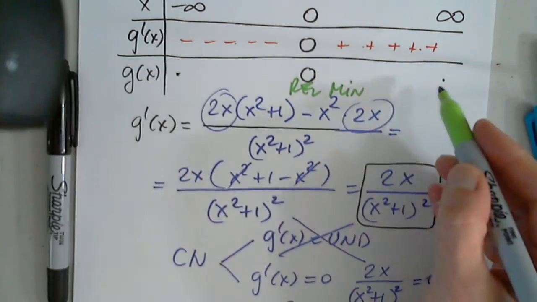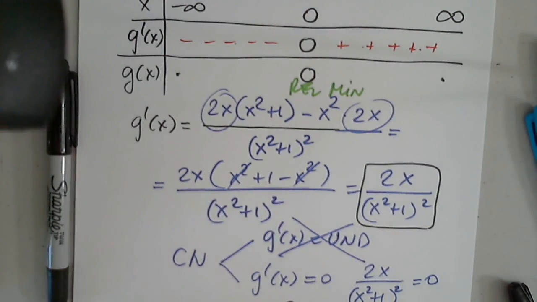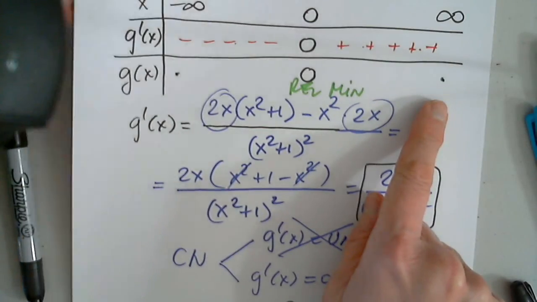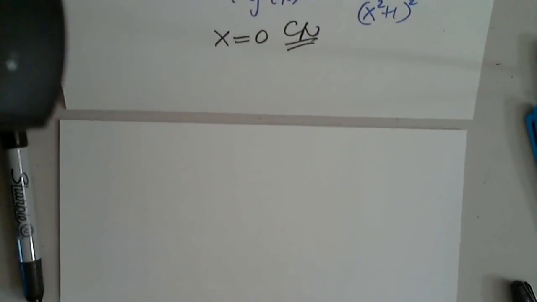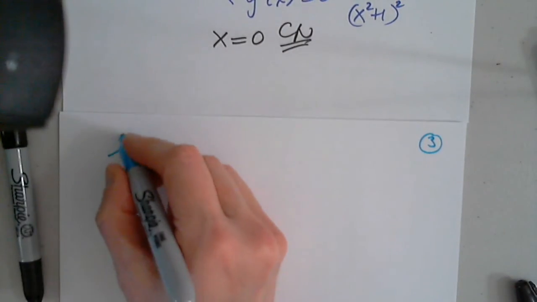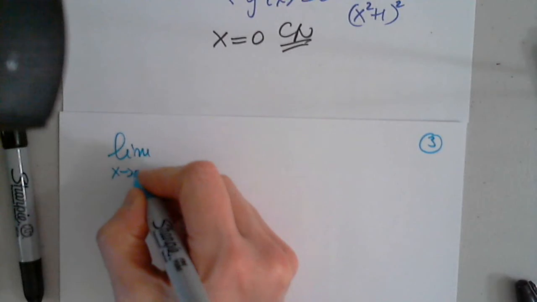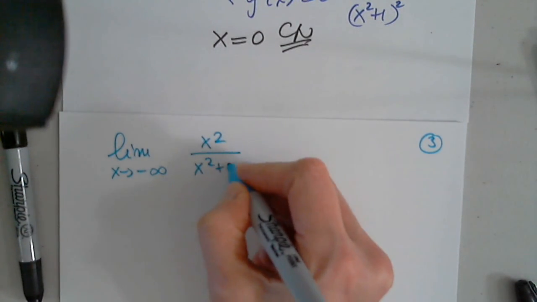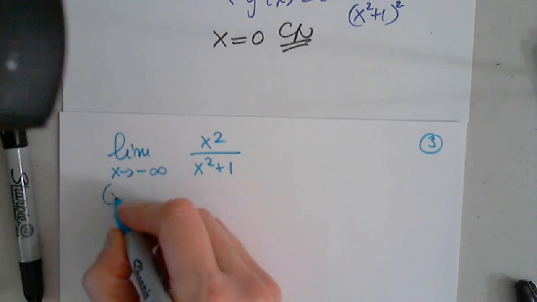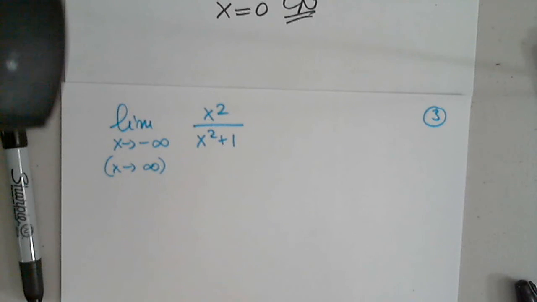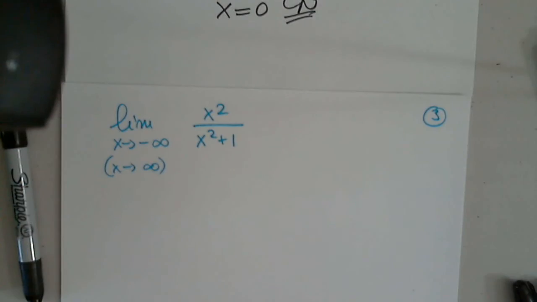Now I would like to determine these limits because I need them in this class and the next class anyway. So let's determine the limits here. Good. I want to find the limit as x approaches negative infinity of x squared over x squared plus 1. And also when x approaches infinity, it's not going to make any difference, so I'm not going to write it twice. When we determine a limit, what is the first thing we need to do?